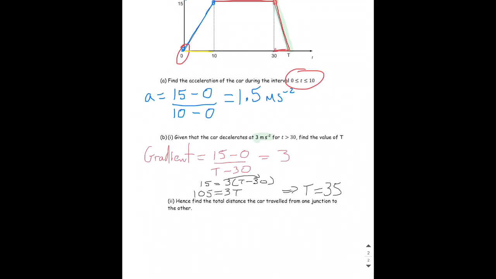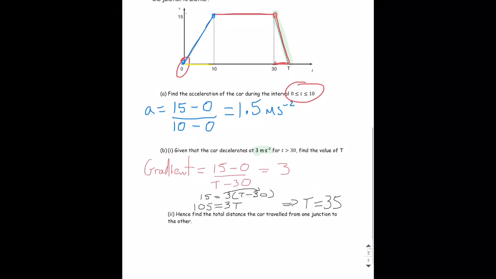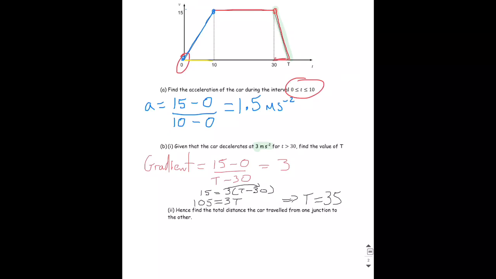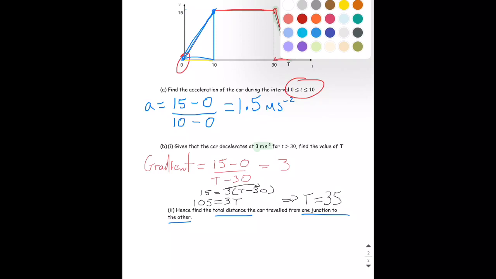Now they can ask you per section of the graph if they want, like in the first 10 seconds. If it was in the first 10 seconds, you would just have to work out the area of this triangle here. That will give you that. However, they say the total distance from one junction to the other here, so that's the entire graph. What's the area under the entire graph?